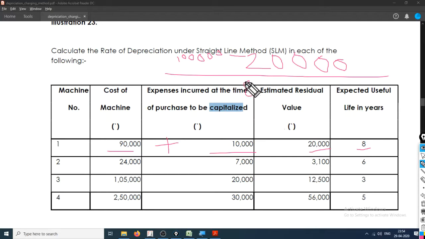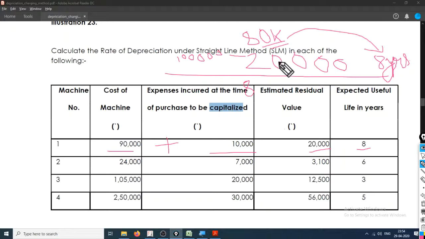The actual expense that will be incurred for purchasing this machine is 80,000 only, and distributing those expenses over the period of 8 years is what depreciation tells you. You should not charge all the 80,000 at once.